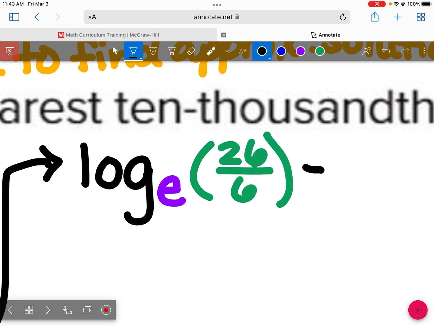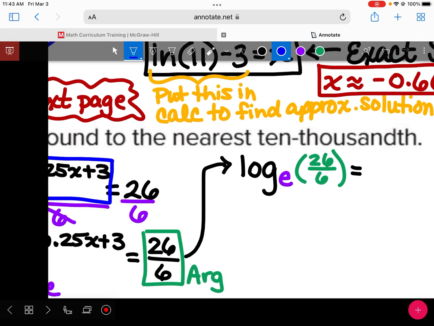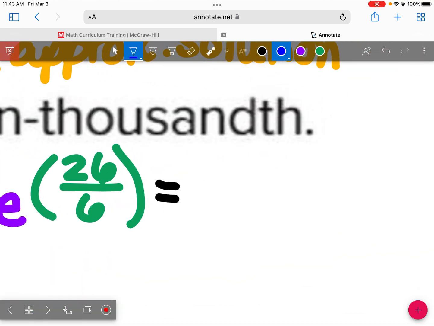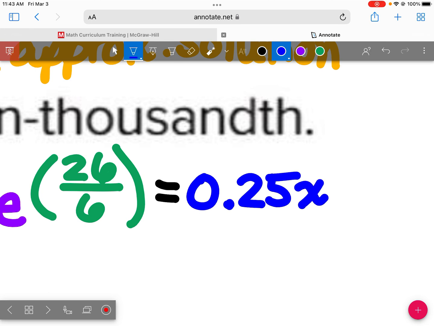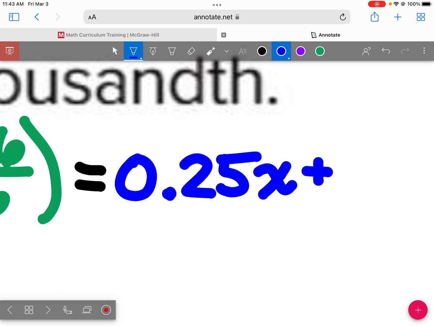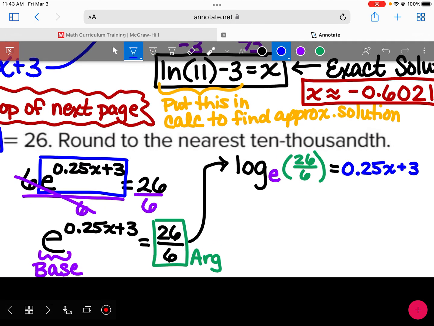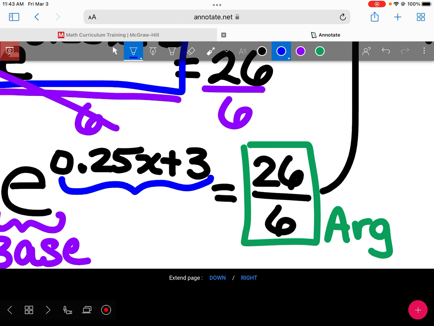And what would that be equal to? 0.25x. Almost. What else does it need? I'm missing something. Plus 3. Right here. That's all part of the exponent there.